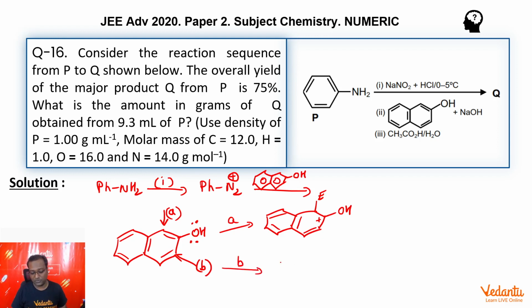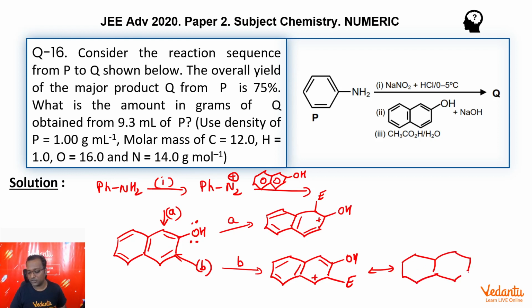Now, let's do that for B. Let's attach the electrophile at the B position. We get a carbocation here. The moment I resonate it, the benzenoid nature of the rings is lost. Let me show you that. I bring the positive charge here, and the pi bond comes here. There's already a pi bond here.